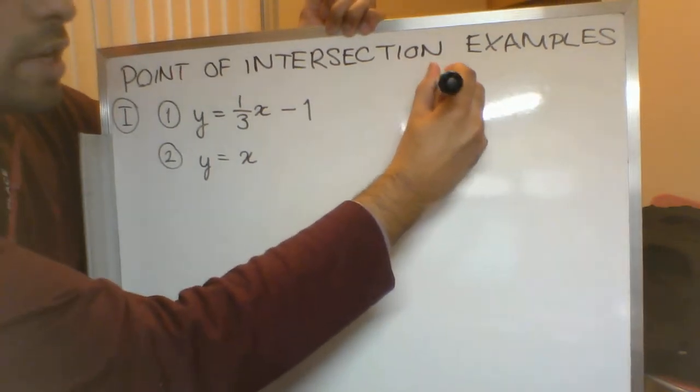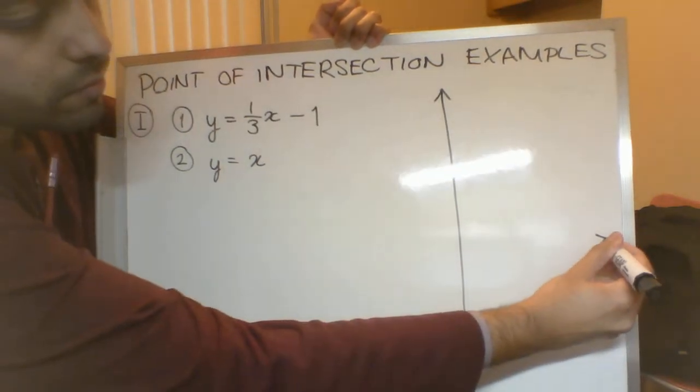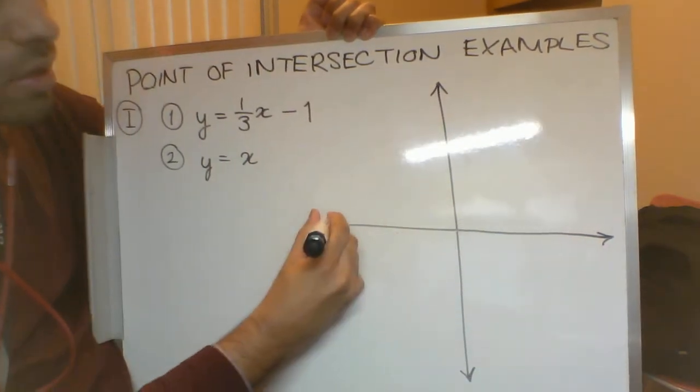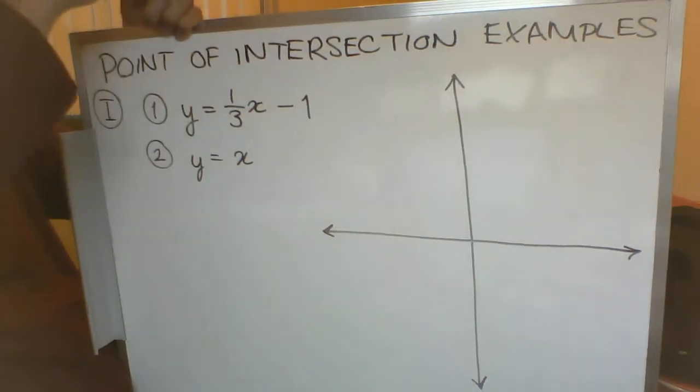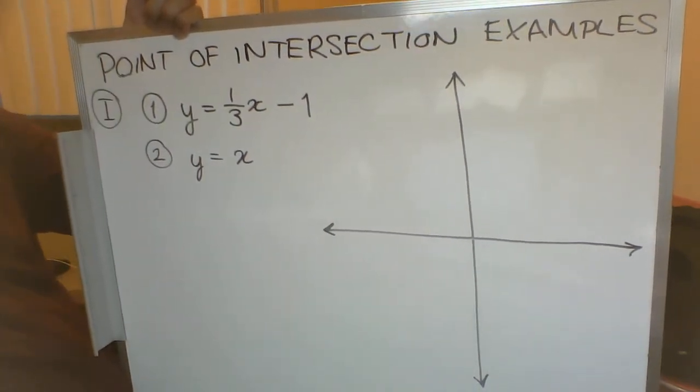So let's draw our Cartesian plane. Got our axes looking something like that. And we will begin by plotting these two lines.